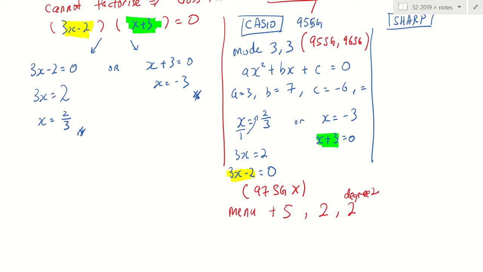Now, sharp calculator. I don't know, that's why I need this. I need to see where it is hidden. Okay, for sharp calculator it is mode 3, sorry, mode 3, 2.